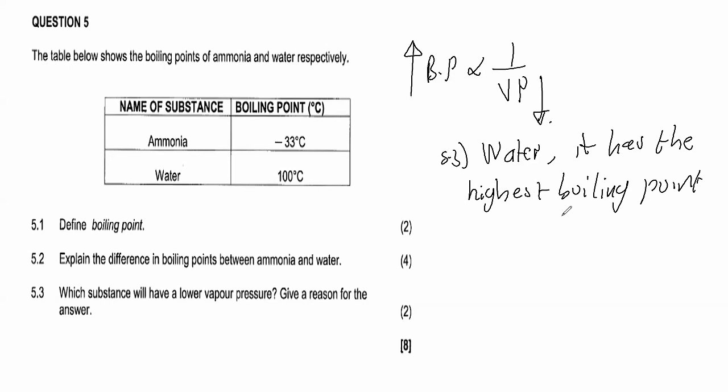So higher boiling point, lower vapor pressure. Right. So that's how you were supposed to go about answering this question here for a total of 8 marks.